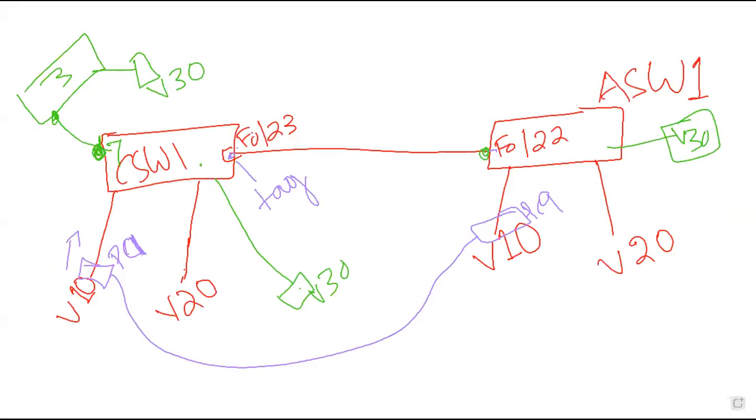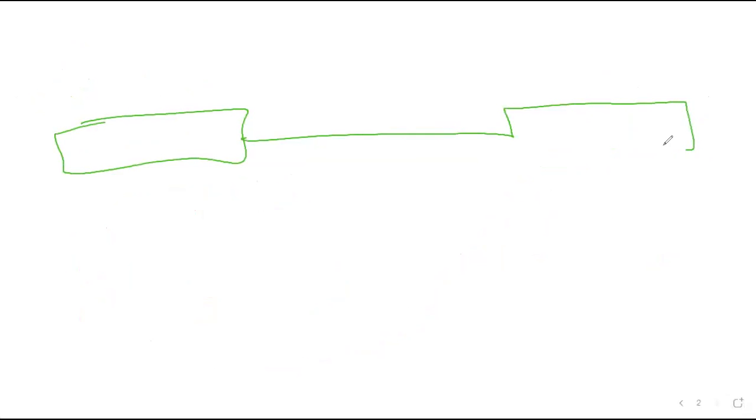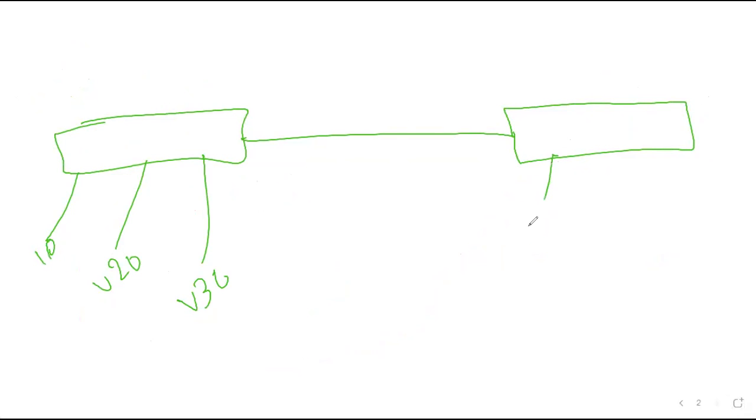Let's say in your network design, you have VLAN 10 and VLAN 20, oh sorry, and even VLAN 30. And in each VLAN you have n number of edge devices. Here also you have VLAN 10, VLAN 20, VLAN 30, port number 23, port number 22.